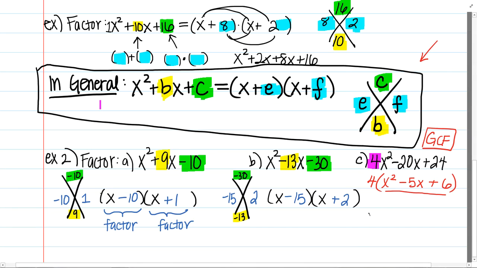So let's find 2 numbers that multiply to make 6 and add to make -5. Those numbers are -2 and -3. So the final answer is 4 times x minus 2 times x minus 3. And we're done.